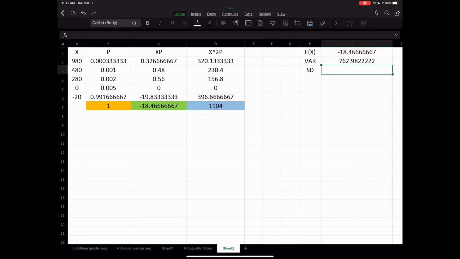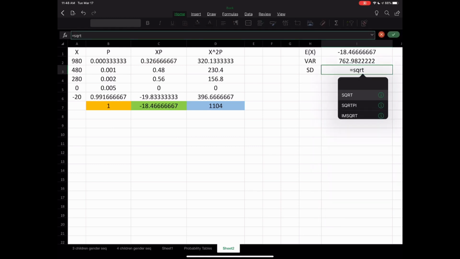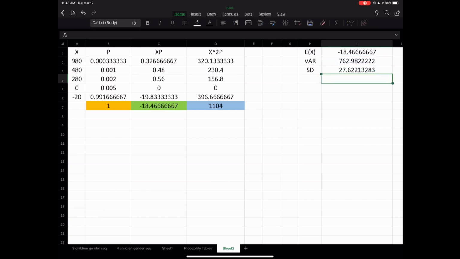So that will be my variance, 762.98, which is 763 actually. And the standard deviation would be the square root of my variance, which will be 27.62. Now, if you have rounded numbers off and you calculate these based on rounded numbers, then you may get slightly different answers.